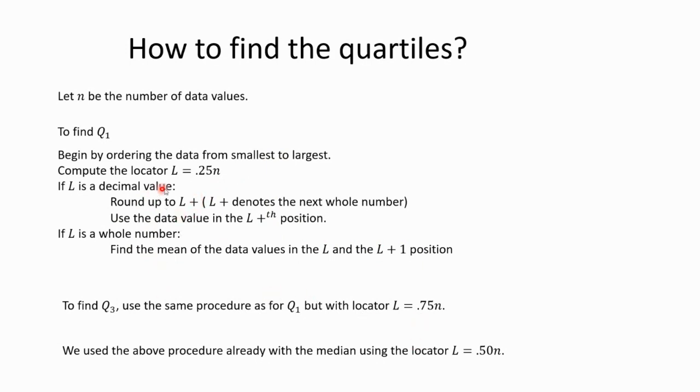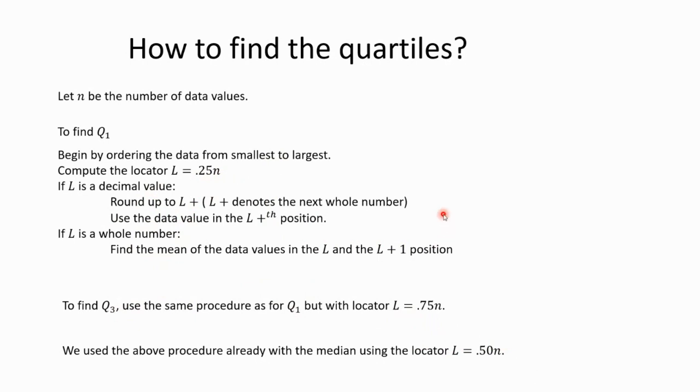The only difference is that L is going to be 0.50 times n, not 0.25. It's equivalent to finding the median the way we did already. For Q3, instead, L is 0.75 times n. The rest of it is the same though.